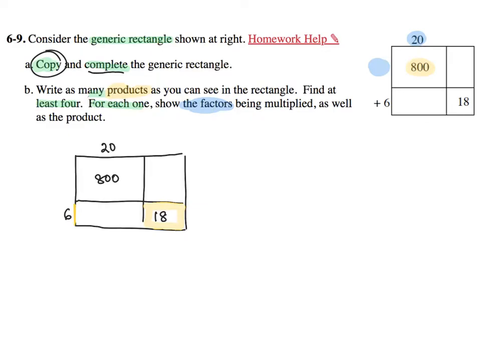So 6 times what gives you 18? I could write the 6 on this side because in terms of length, that's what it means. So I'm looking for the length to make 18. So it has to be 3. If this 3 is on the bottom, that's the same on top in terms of a rectangle, right?